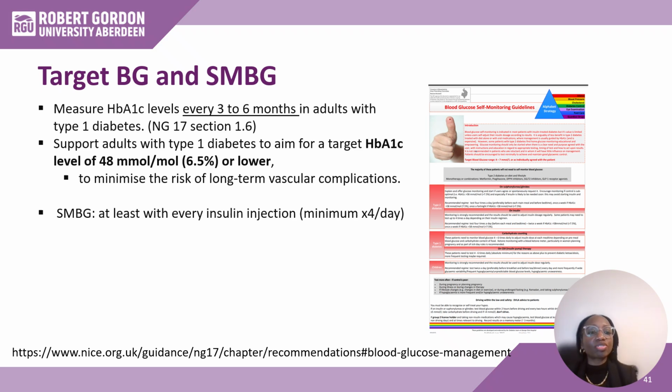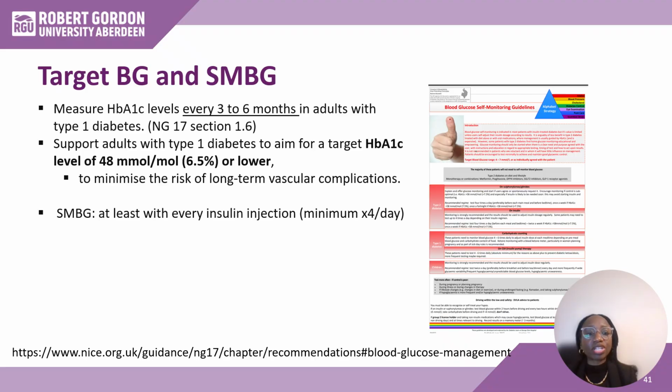But importantly, also for monitoring, alongside the self-monitoring of blood glucose, the measure of HbA1c levels every 3 to 6 months in adults with type 1 diabetes is recommended, and this has a target of at least 48 millimoles per mole or 6.5% or lower, which minimizes the risk of long-term vascular complications.